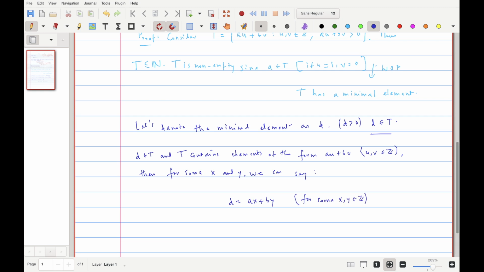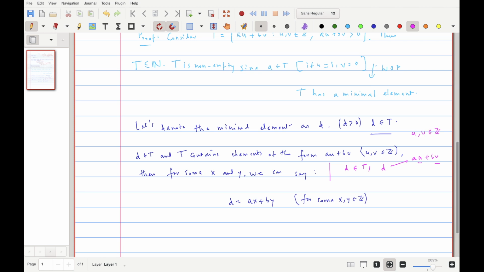Why can we say that? Let me repeat it again. Since D is an element of T, that means D must be of the form AU plus BV for some value of U and V. U and V are arbitrary integers, right?